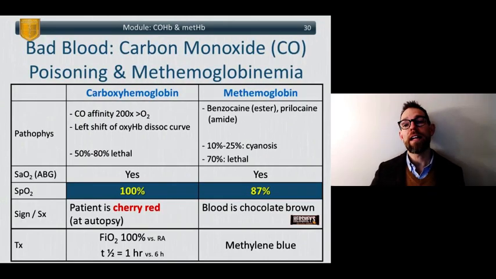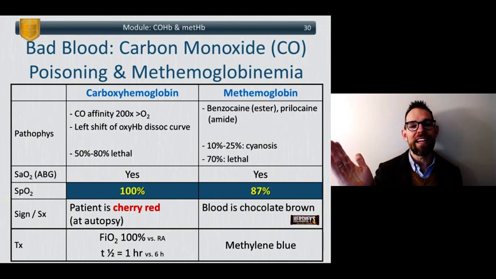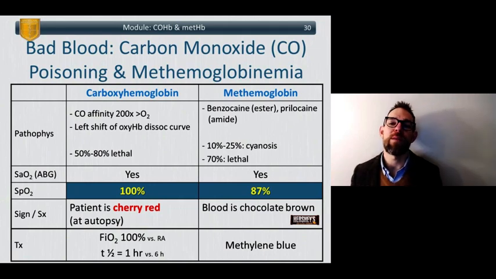Okay, so what about the difference between carbon monoxide poisoning or carboxyhemoglobinemia and methemoglobinemia? These are two hemoglobinopathies which will certainly make their presence known on your exam. Let's go on the left side with carboxyhemoglobin first.